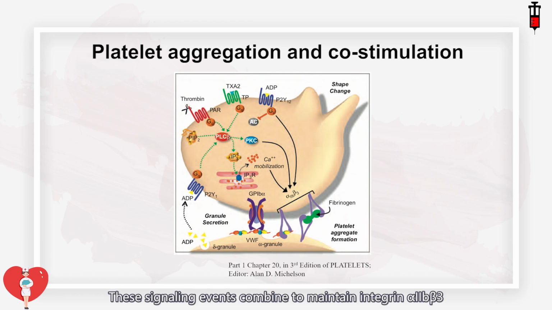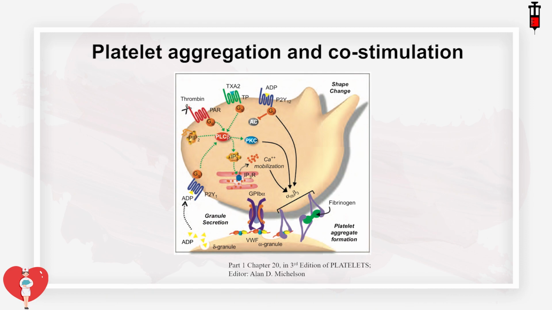These signaling events combine to maintain integrin alpha-IIb beta-3 in a high affinity state in which it can bind to fibrinogen and VWF to enhance adhesive strength and platelet cohesion and then promote thrombus propagation.